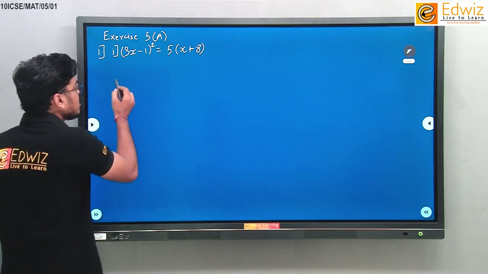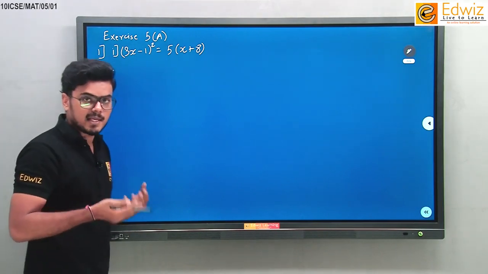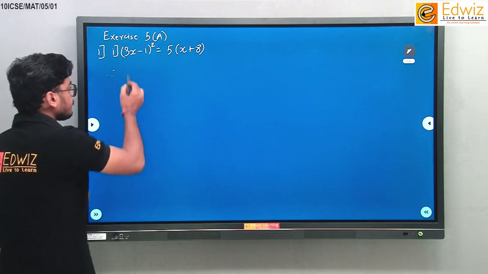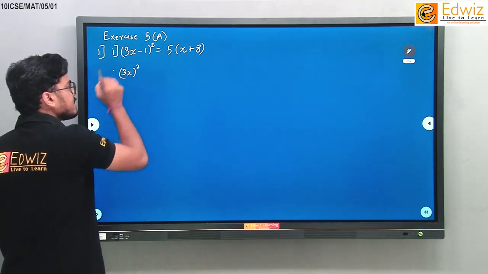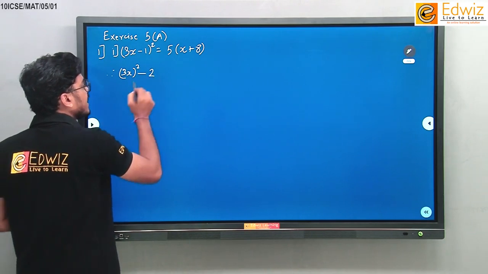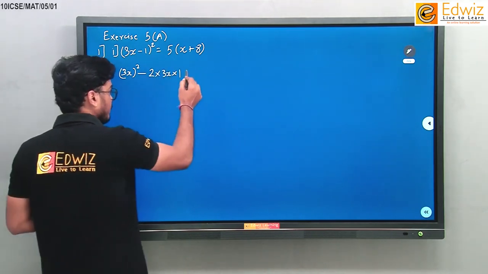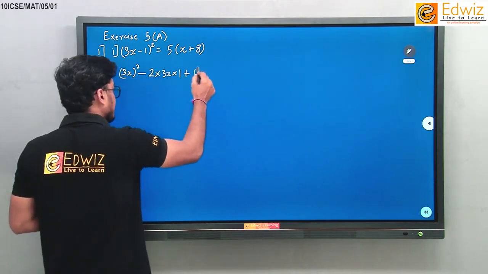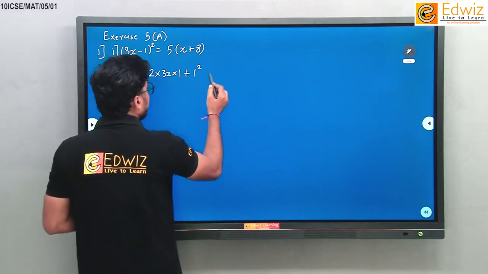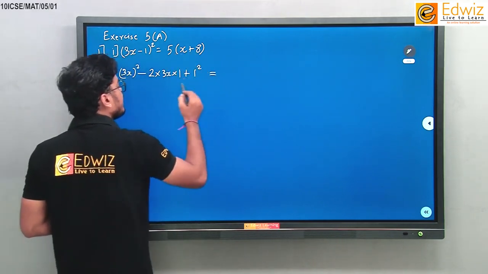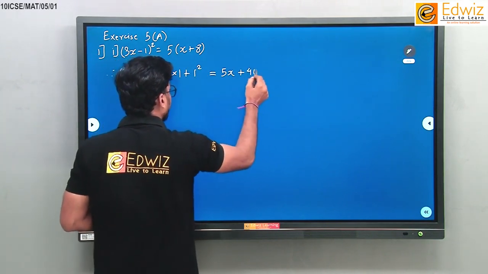Here, if I just solve this equation, we open this bracket using the identity a minus b the whole square. So a minus b the whole square is a square, that is 3x square, minus 2 times ab, that is 2 into 3x into 1, plus b square, that is 1 square. This becomes the left hand side of the equation. On the right side, if I multiply 5 here, it will become 5x plus 40.